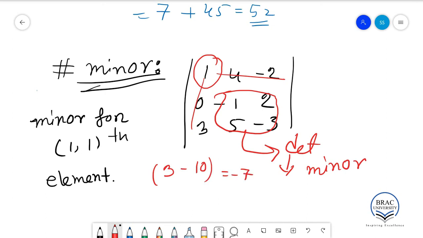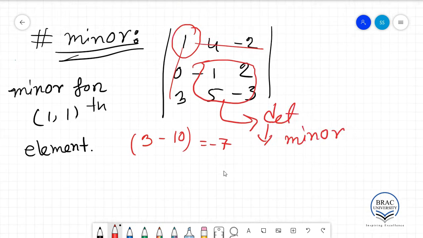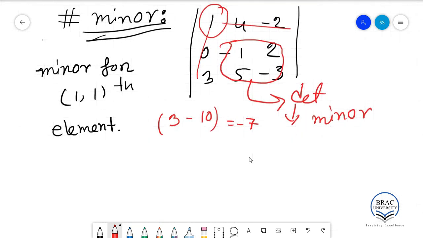Similarly, you can calculate minor for the other elements as well. For example, if you wanted to calculate minor for this element over here, I'm highlighting by the blue color, that is the element on row 2 and column 1, that is the 2/1th element. So how do you do that?